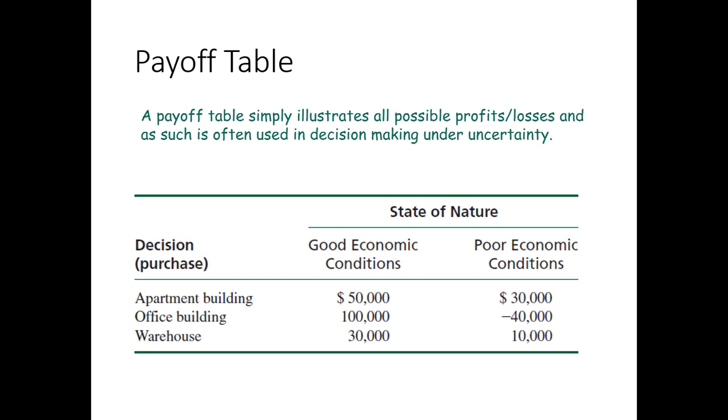So for each option that she has, she gathers information on how much profit can she make if she sells apartment, how much profit will she make if she sells office or warehouse.